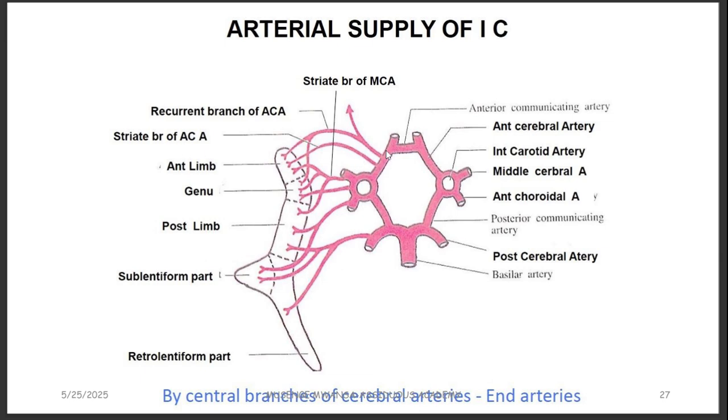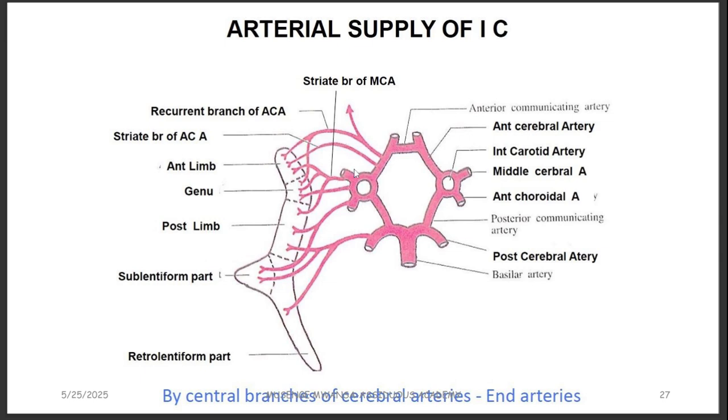And then you have another branch, the recurrent branch of the anterior cerebral, the recurrent artery of Hebner, supplying the anterior limb and the genu. So what do I want you to know here? The recurrent branch of Hebner supplies the anterior limb and the genu. And then we have this striate branch which will only supply the anterior limb.